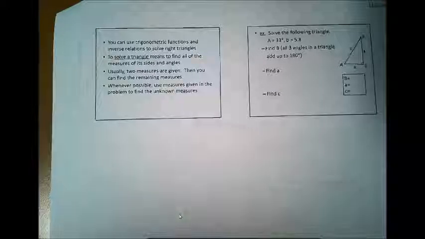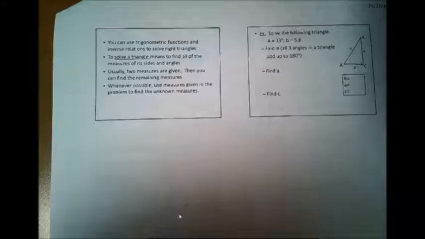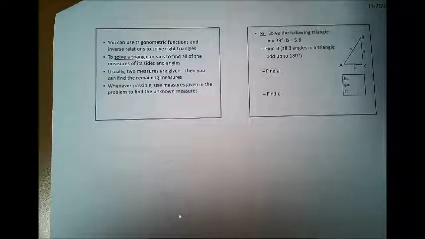Okay, so two more. You can use trigonometric functions and inverse relations to solve right triangles. To solve a triangle means that you find all of the measures of its sides and angles. Usually two measures are given, and then you can find the remaining measures. Whenever possible, use measures given in the problem to find the unknown measures, because you could make a mistake.